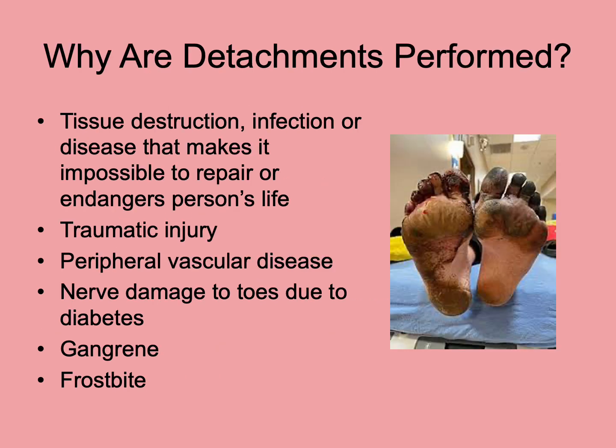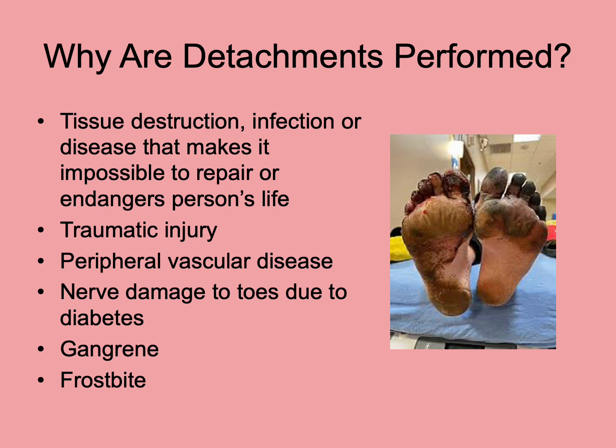Okay, so why do they do detachments? Usually because of extensive tissue destruction, infection, or disease that make it impossible to repair the tissue or endanger a person's life. It could be traumatic injury like a crushing injury, peripheral vascular disease, or nerve damage to toes due to diabetes.